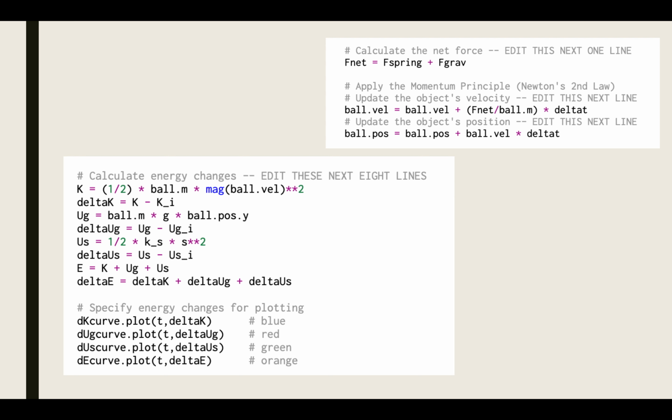The potential was mgh, equivalent to the variables here. And the elastic was 1/2 spring constant times s squared. The net force was given by F net equals F spring plus F gravity, and the momentum principle was used to update the object's velocity and also the object's position, as shown here.